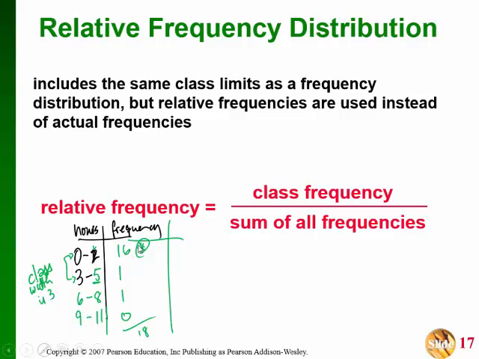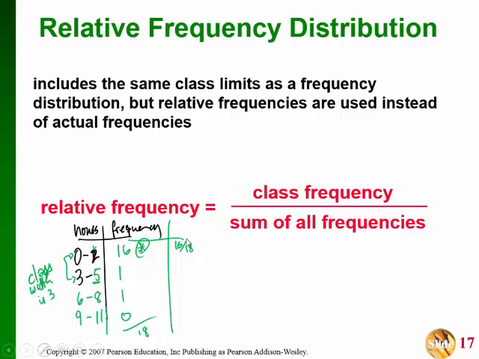So our first class, where 16 people spent between 0 and 2 hours on the homework, will have a relative frequency of 16, the class frequency, divided by the sum of all frequencies, which is 18.